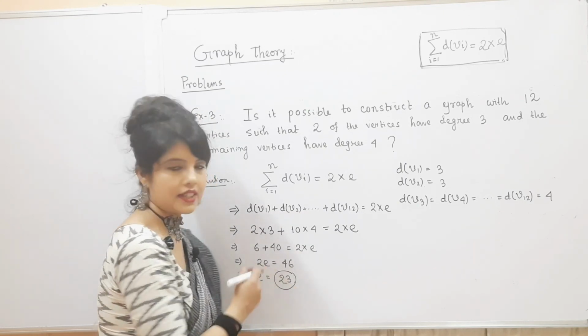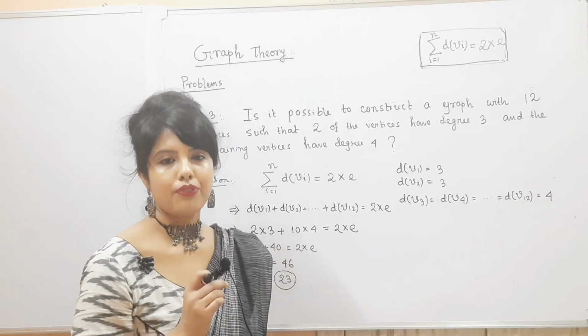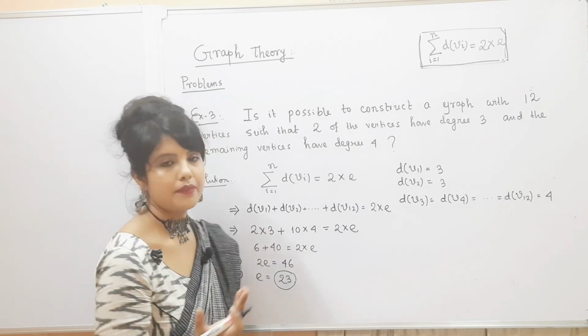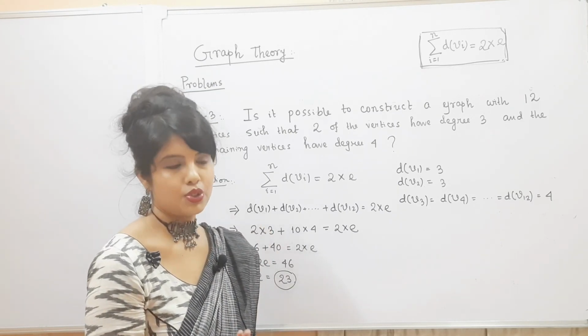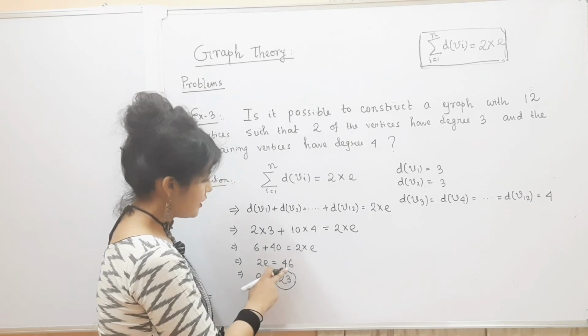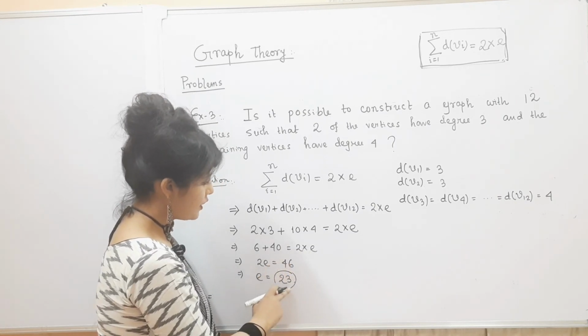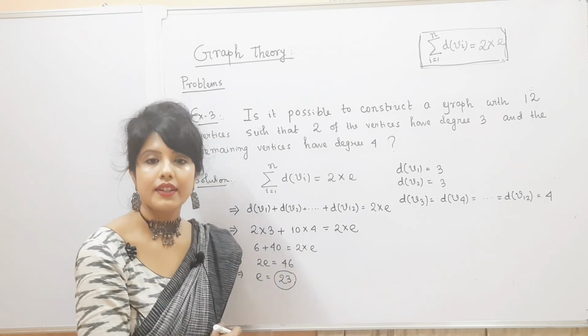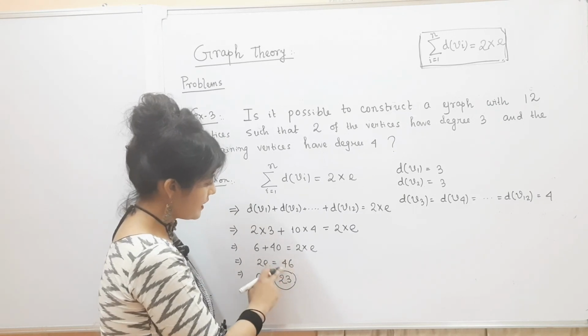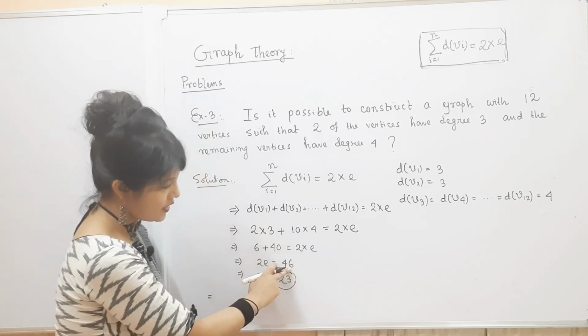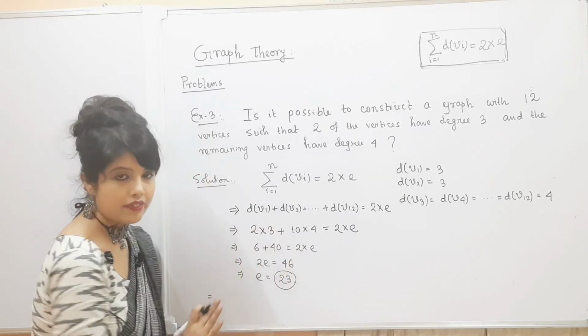If it is a fractional number, suppose 5 by 4 or 23 by 2, that is not allowed. It should be an integer, divisible by 2, and here it is 46. So 2 divides 46.